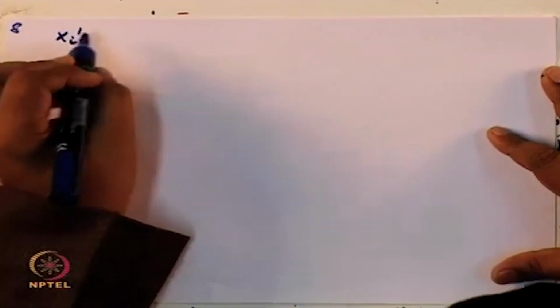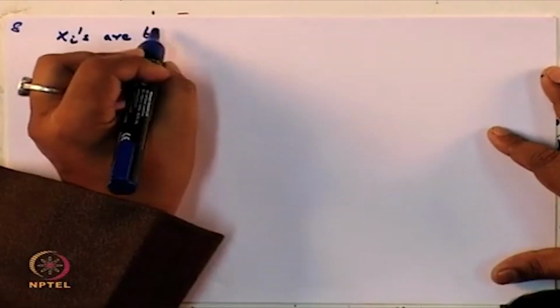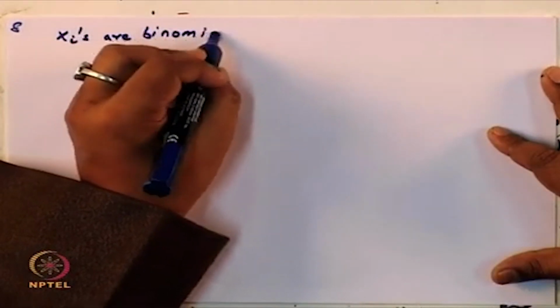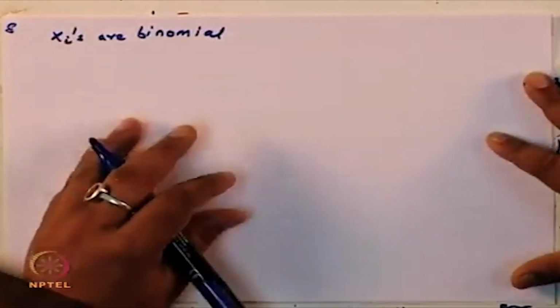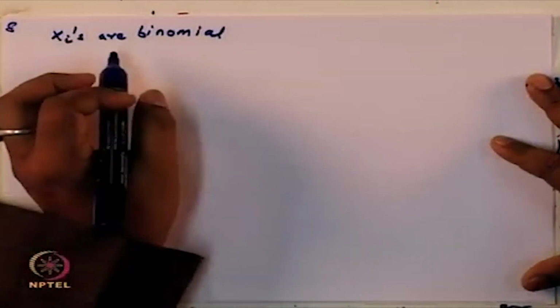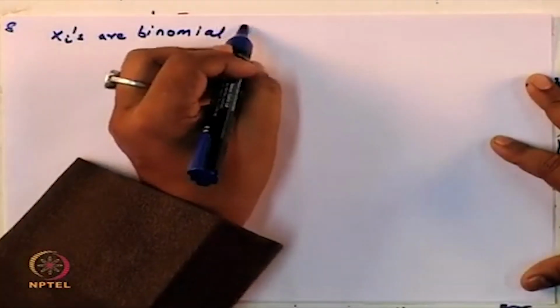Now, imagine the xi's are binomial random variables. X can follow any distribution. Let us assume that xi's are binomial random variables.